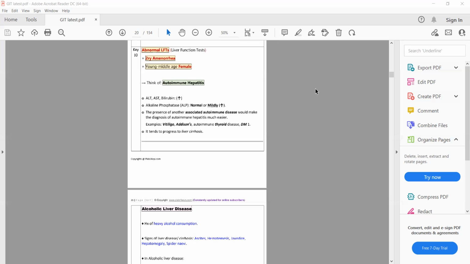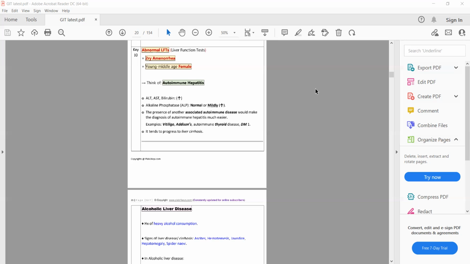Every hepatitis will have raised ALT, alanine transaminase, aspartate transaminase, and bilirubin. So a young or middle-aged female with abnormal LFTs and secondary amenorrhea, you will suspect autoimmune hepatitis.